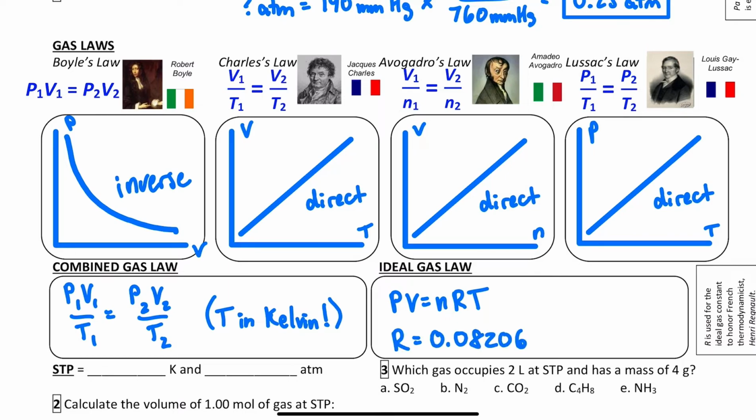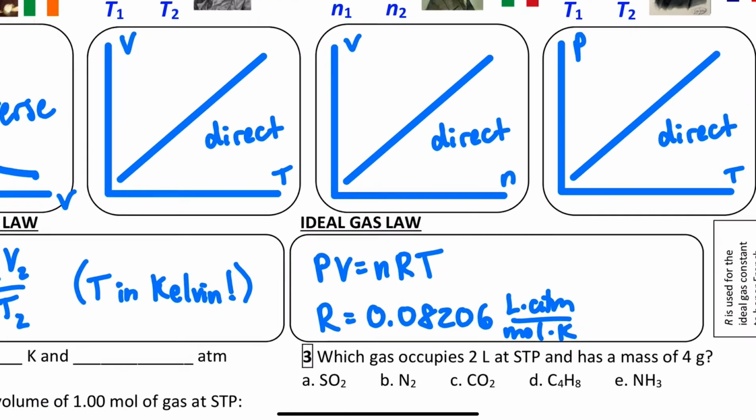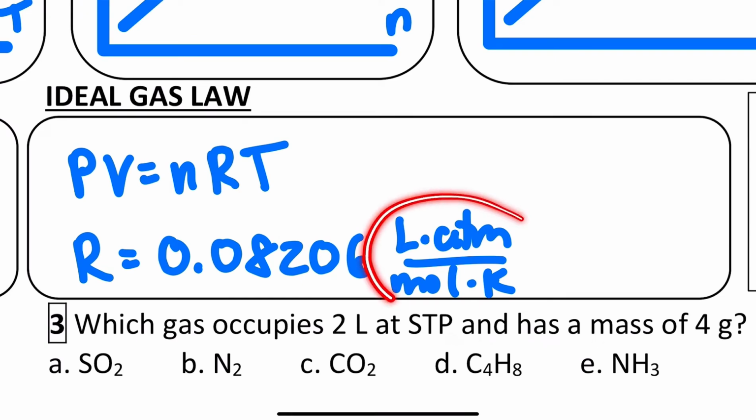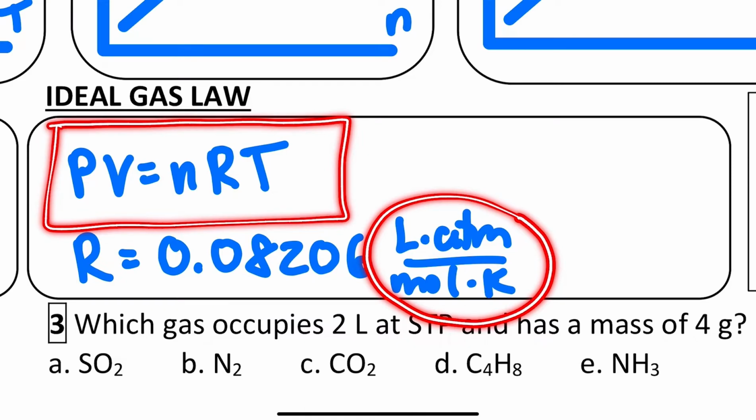And R is the universal gas constant, 0.08206 liters times atmosphere divided by mole and divided by Kelvin, which is great because it shows me all the units I have to make sure I use whenever I'm using the ideal gas law.